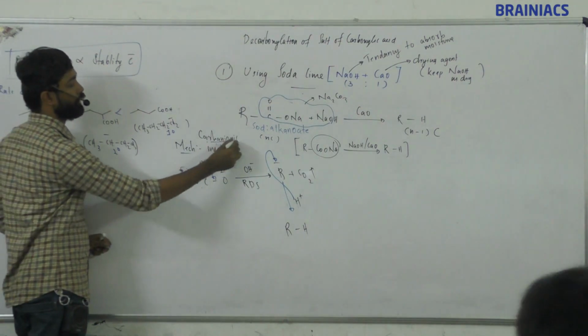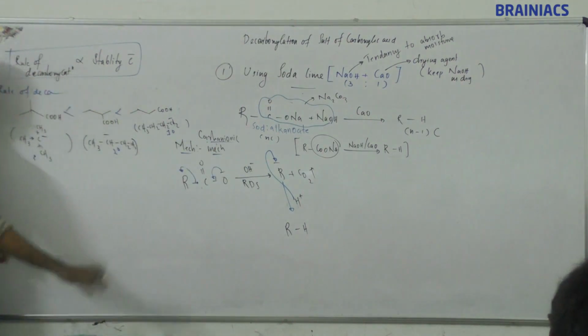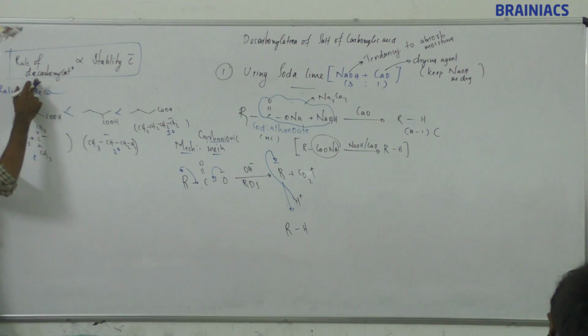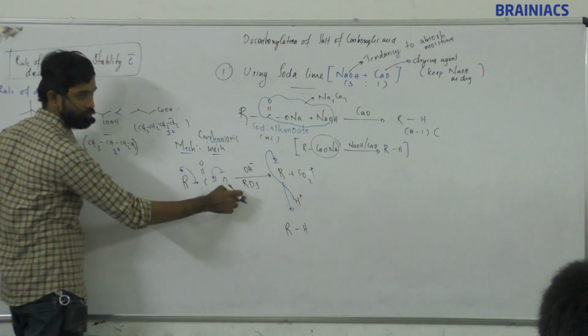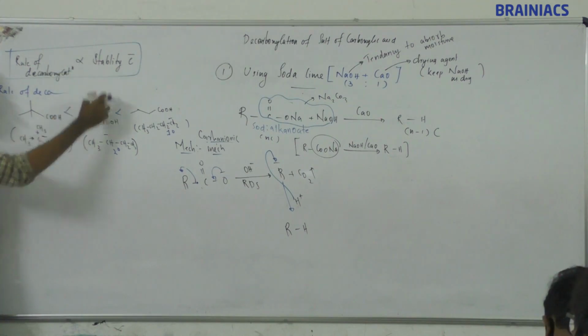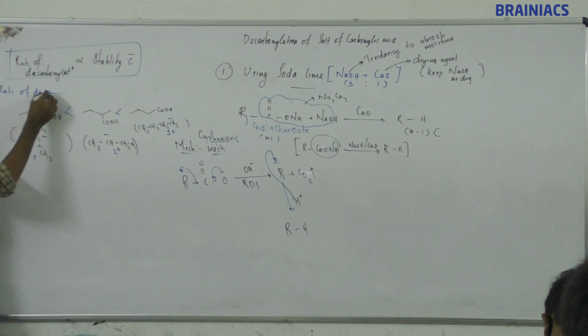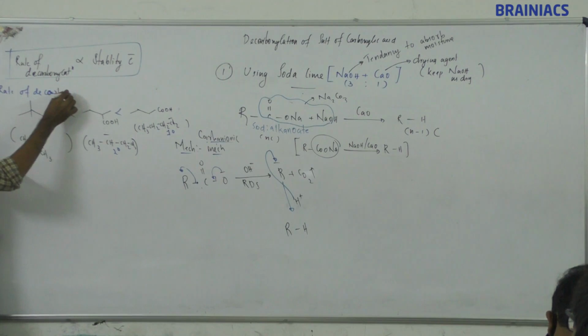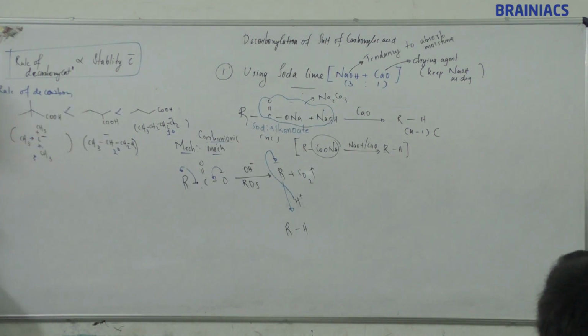Carbanionic mechanism. You show the mechanism and show the RDS. So the rate of decarboxylation depends on the stability of carbanion, and for that you can arrange a question like this.